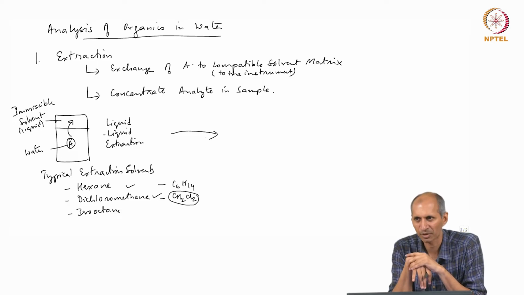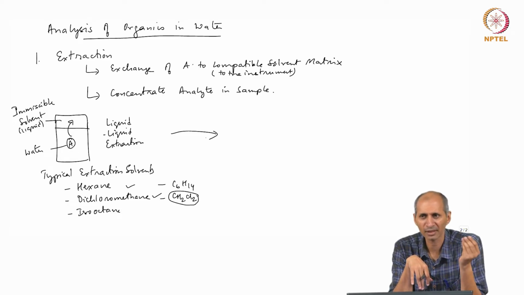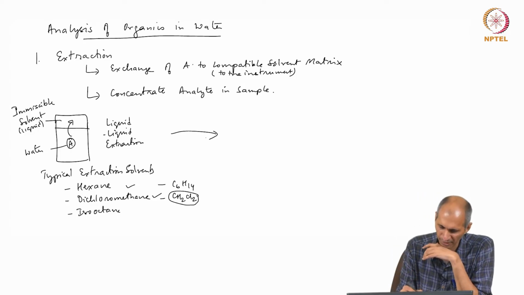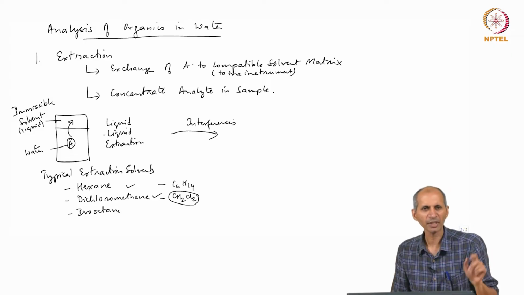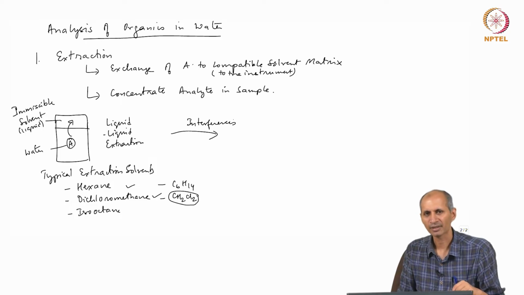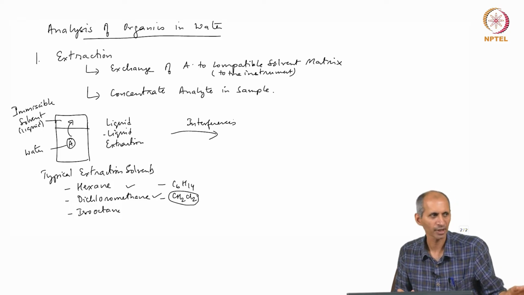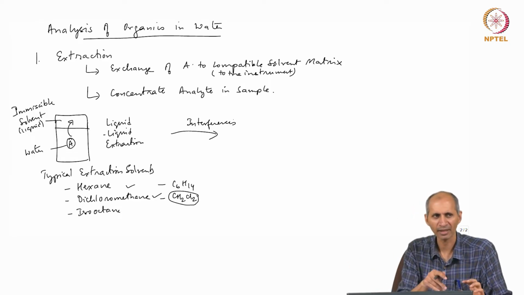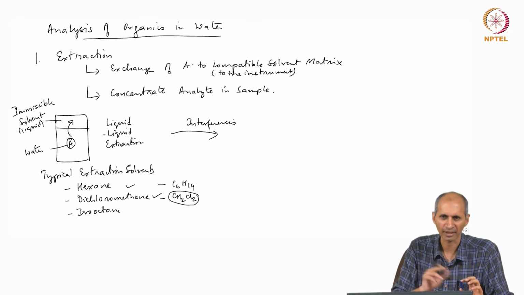You may find other material there that may also get extracted, and that will introduce interferences. One example: say I collect a sample of water from a very turbid lake, I do not do anything, I just add hexane or dichloromethane and extract.